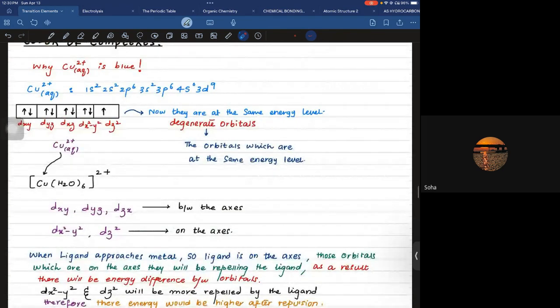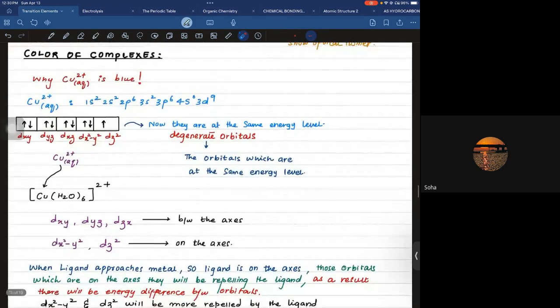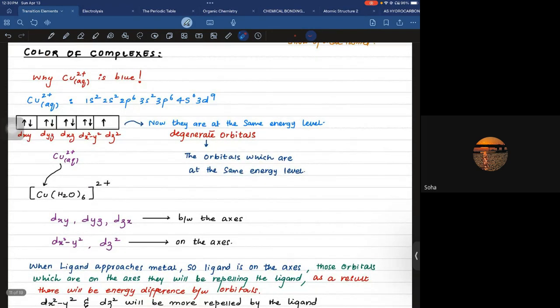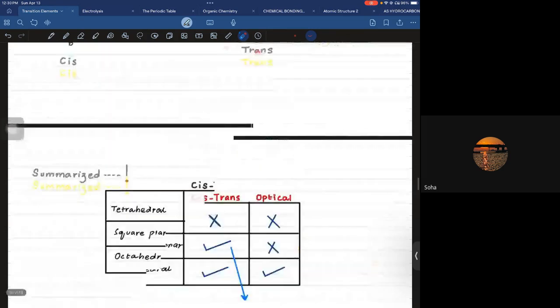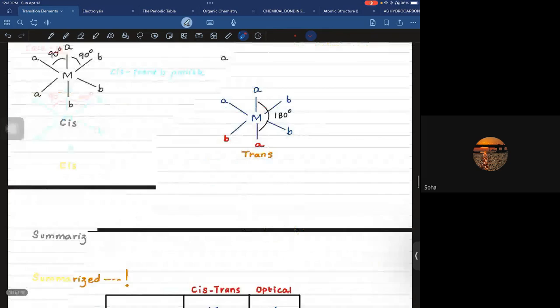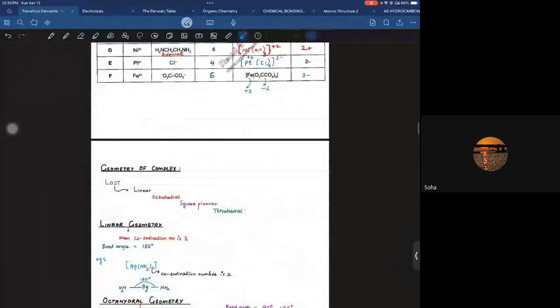Okay, then color of complexes. This is an important topic. Complexes of transition metals form colored complexes. And I told you the d orbitals, the degenerate orbitals, all have the same energy. Let me tell you again.